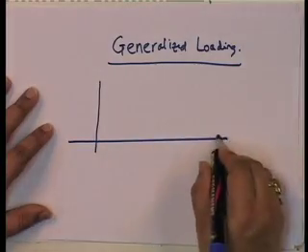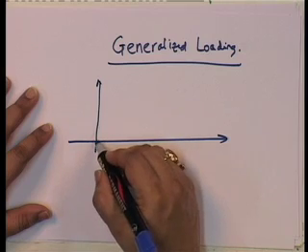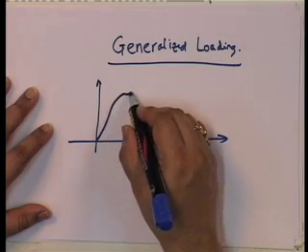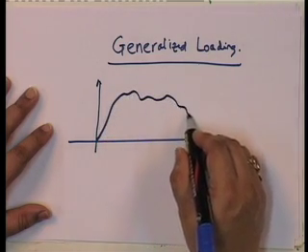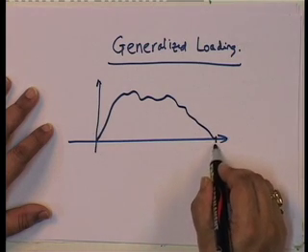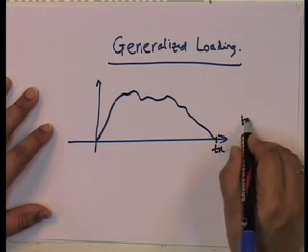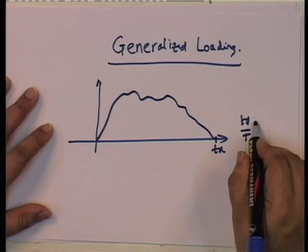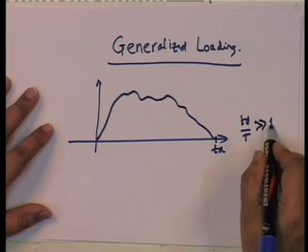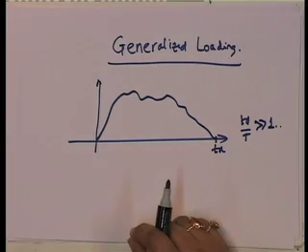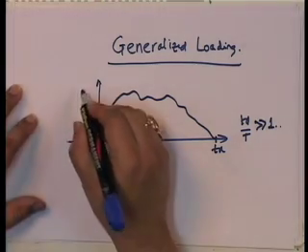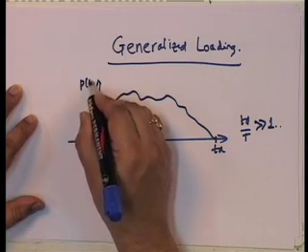A generalized load is one which has a duration, but T_d by T is sufficiently larger than 1. So, how do I get the response? This is my P(t).